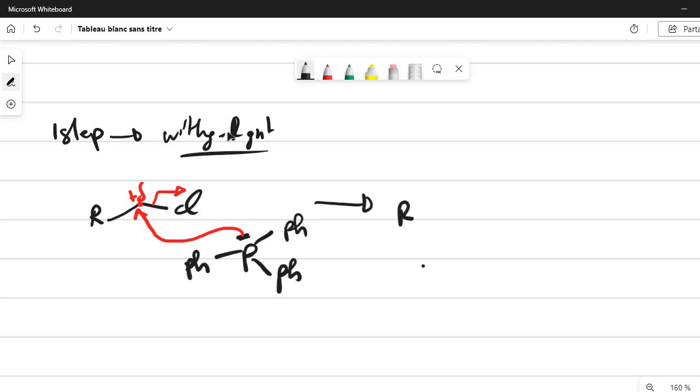So we are going to form R, and this carbon in red is here. We're going to use this lone pair to complete drawing the rest of the molecule. So here we have PPh3, phenyl groups.